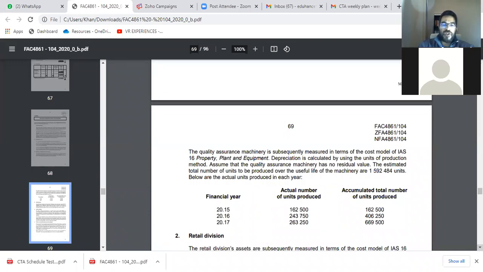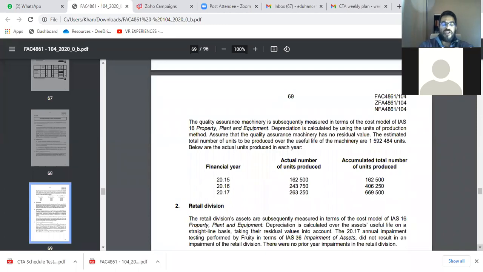Below are the actual units produced in each year. So you will know you have to use a units of production method. There are three methods for depreciation. Number one, the straight line method. Number two, the diminishing balance method. Number three, the units of production method. So in this case, they're doing units of production.